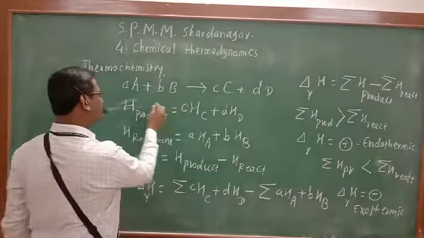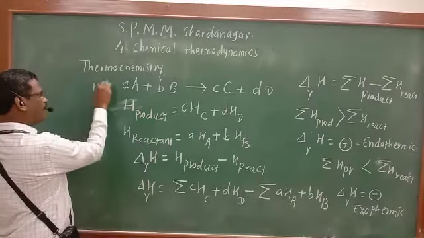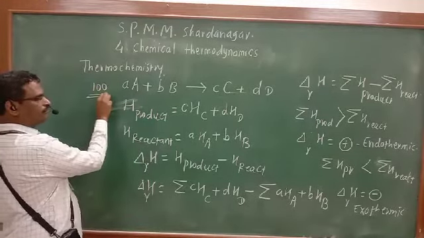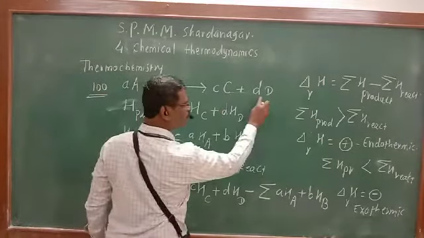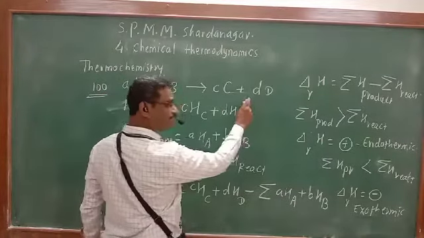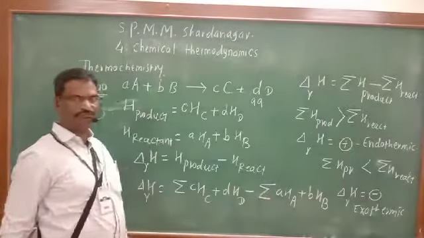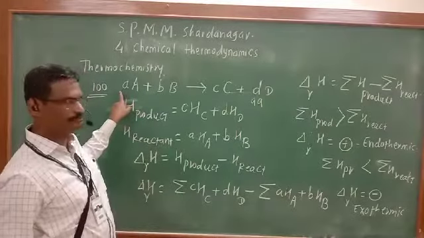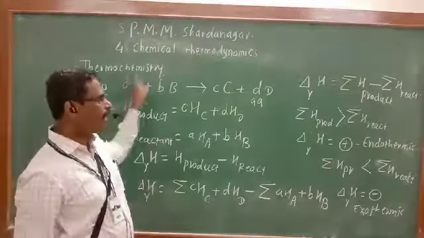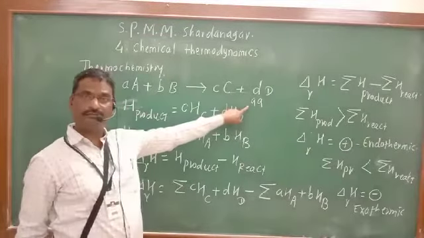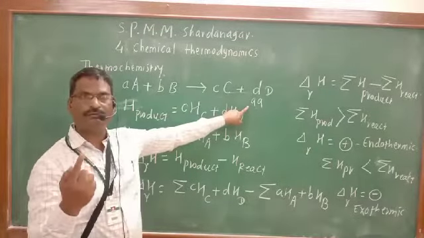So suppose the reactant has a value of 100, the value of the product could be less than 100. Suppose the reactant has 100 and the product will have 99. So what about the 1?